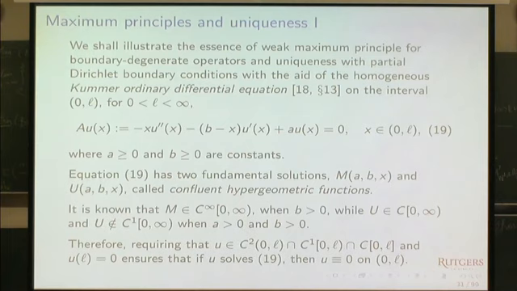The two fundamental solutions have different regularity properties up to where x is equal to 0. The function M is smooth up to the boundary x equals 0, whereas the function U is continuous up to, but not smooth in any sense up to, the boundary. And the coefficients a and b here, just as they will be in the financial problems, are positive.